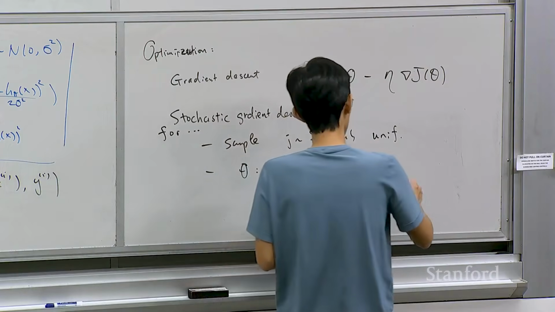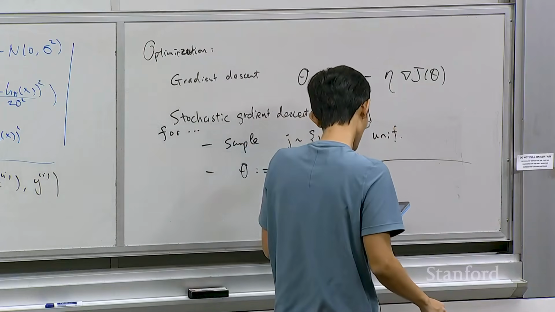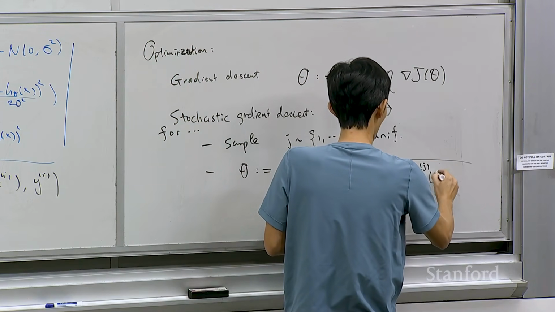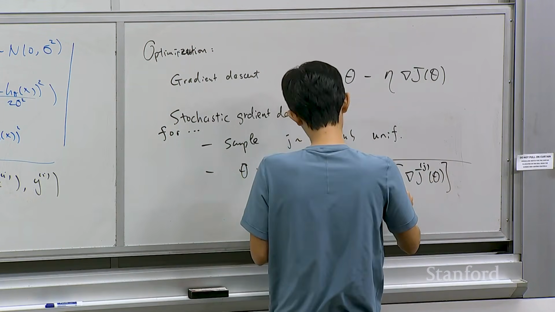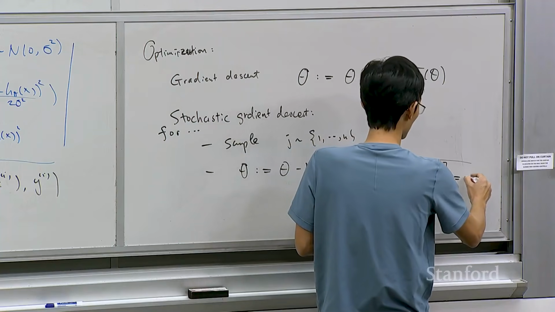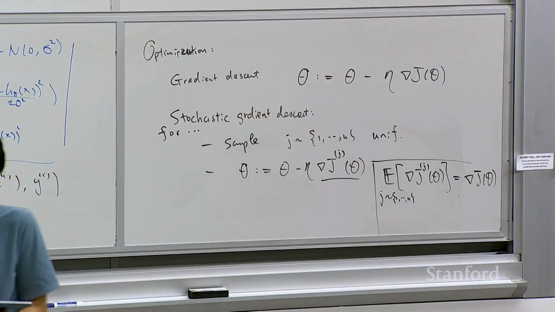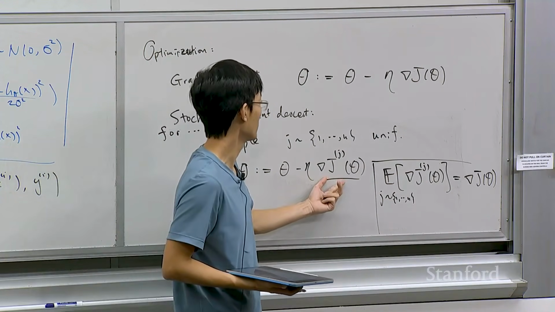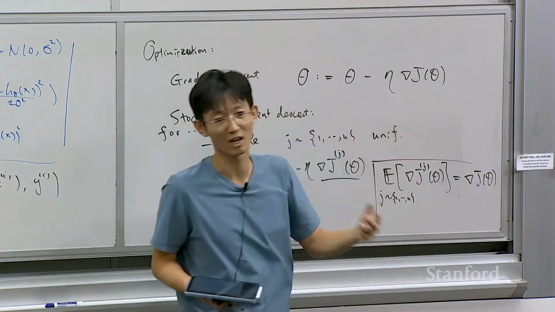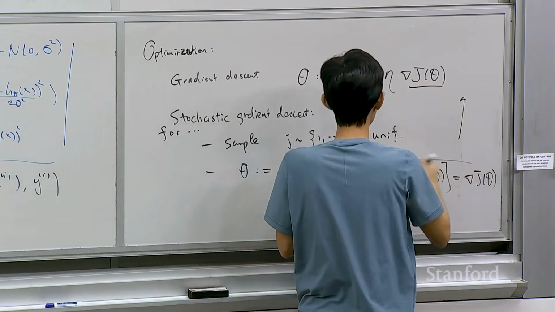The justification is that even though this is one example and not the gradient of the whole loss, if you look at the expectation of the per-example gradient, where the randomness comes from J sampled uniformly from 1 to n, this equals the gradient of the average loss. So this quantity is an approximation of that quantity, in the sense that on average it is equal to it.